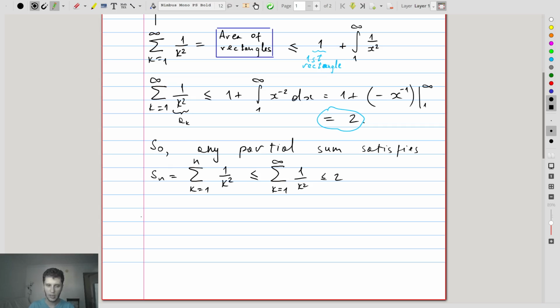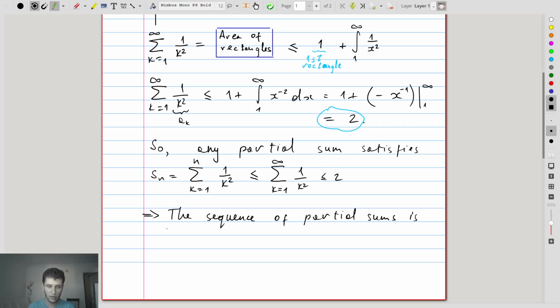And so the sequence of partial sums is bounded.